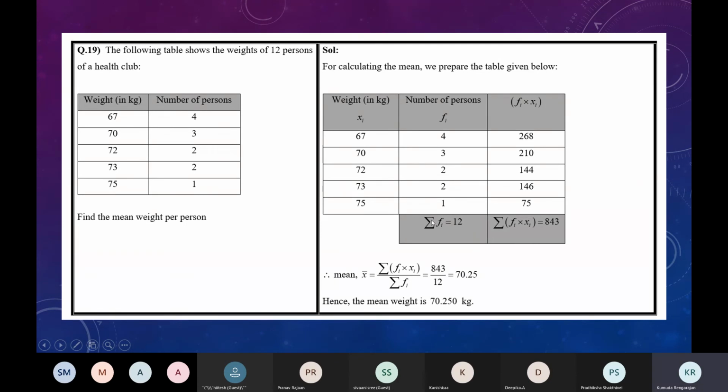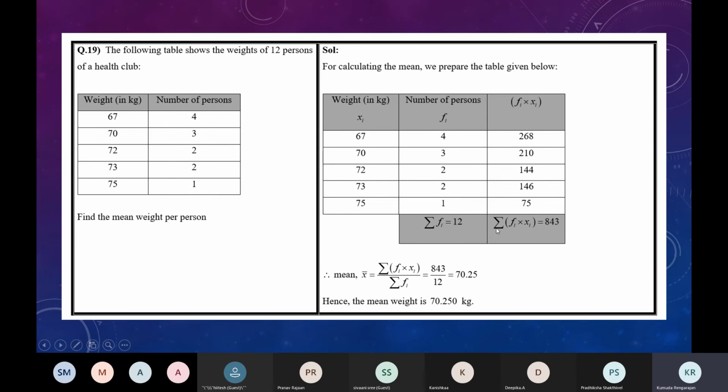Now we know that this symbol, which is read as sigma, means the total of or summation. So when we write sigma Fi, that means it's a total of the Fi column. The total sigma Fi is equal to 12. When you add all this, you get 12.